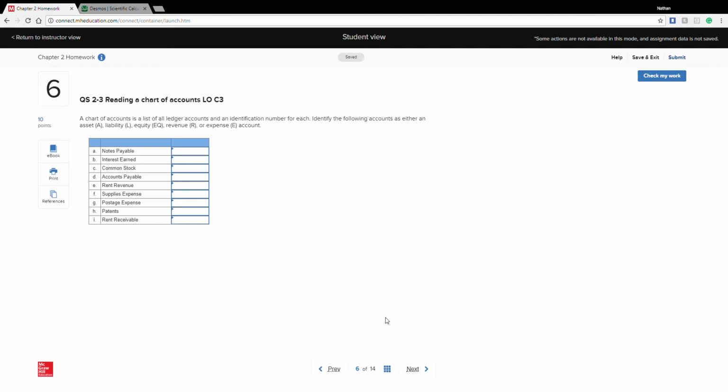If I earned it, that'll be a revenue, so I may look for keywords like earn or revenue. Expenses is going to be the same thing. We're looking basically for expense. It's going to be really simple on that one at times. They don't go too specific on that.